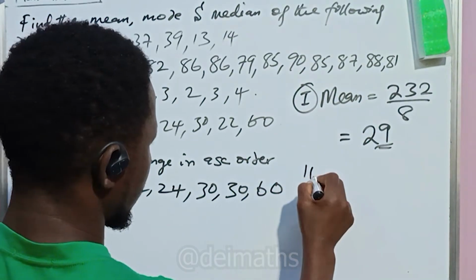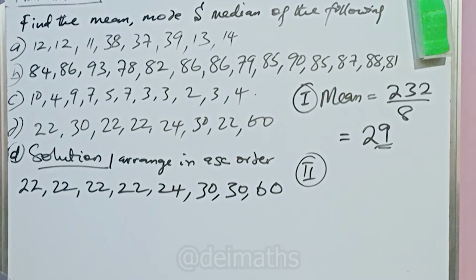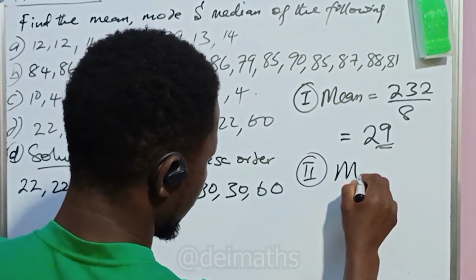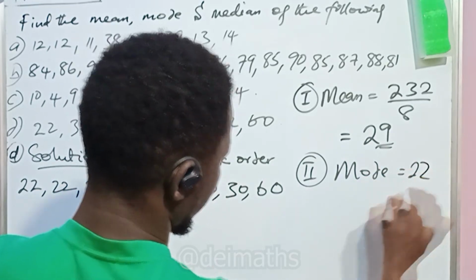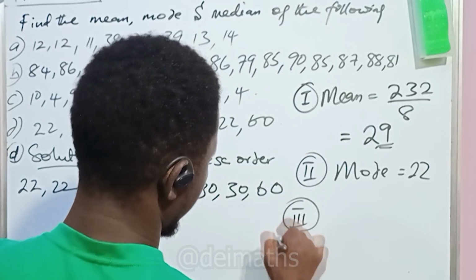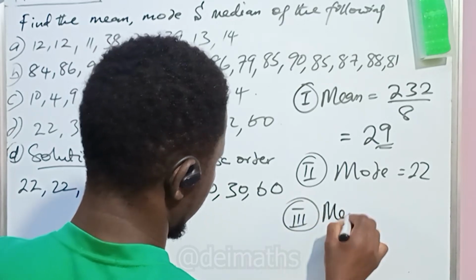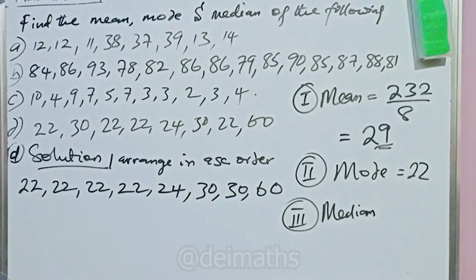Number 2, which is the mode. Which one occurred highest here? 22. Mode equal to 22. Now we move to median. Our median is the middle number. Since we have 8 as the quantity, we are taking 3 here, 3 here.